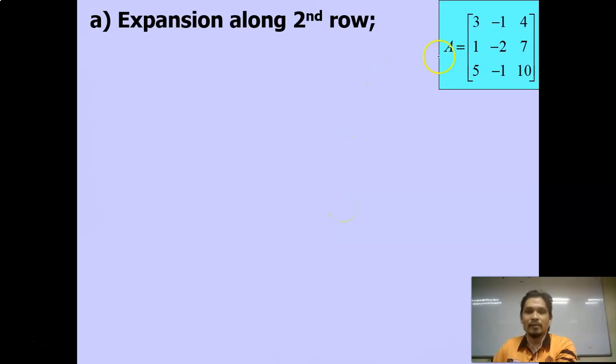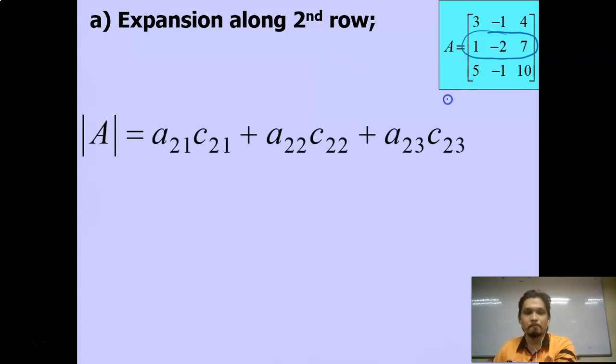This is the matrix A, expansion along the second row. So it means that it is 1, negative 2, and 7. This one, A21, 5. Oh no, not 5. Sorry.